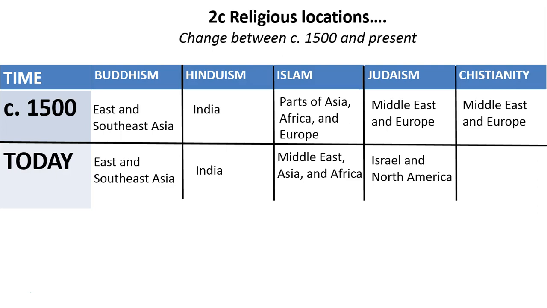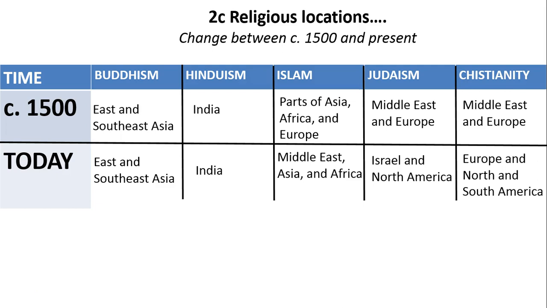Until very recently, there were more Jews in the United States than there were in Israel. Not true anymore. Lastly, Christianity is, because of Columbus and the movement of Europeans, Christianity was in Europe and the Middle East. Now it's focused on Europe and North and South America.